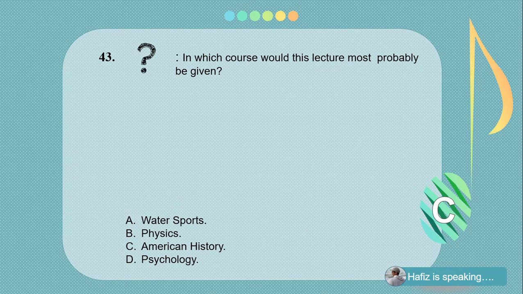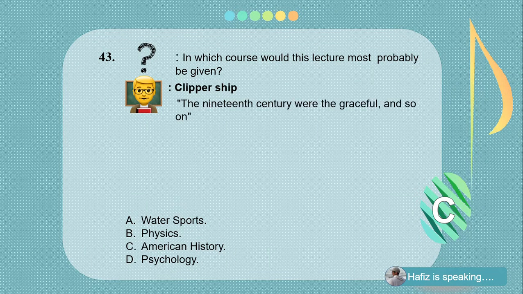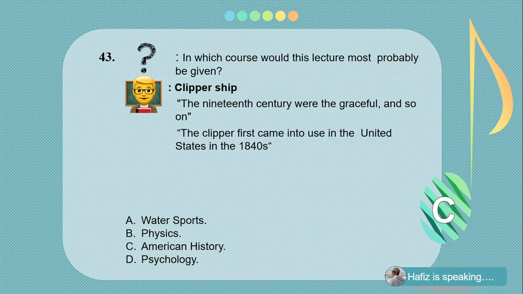In the first sentence, the professor talks about the clipper ship. There is a sentence where the professor says, "The 19th century were the graceful," and so on. And another sentence is, "The clipper first came into use in the United States in the 1840s."